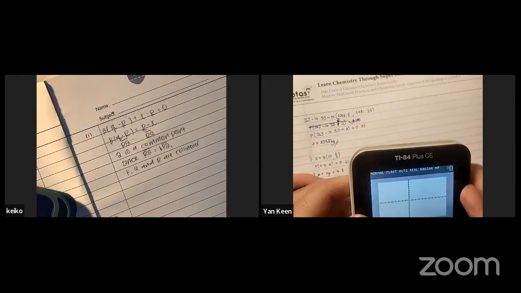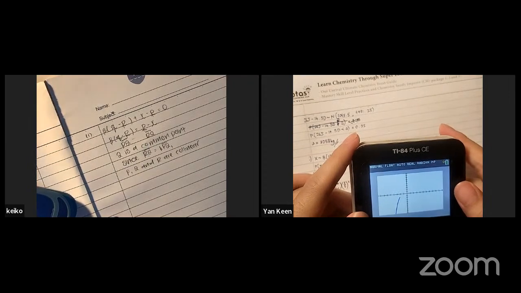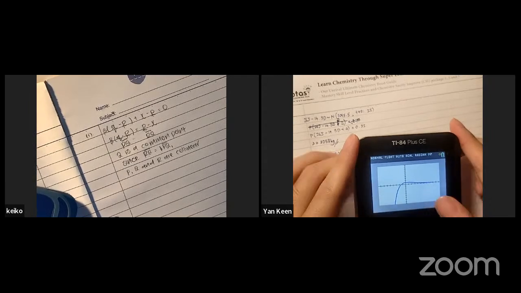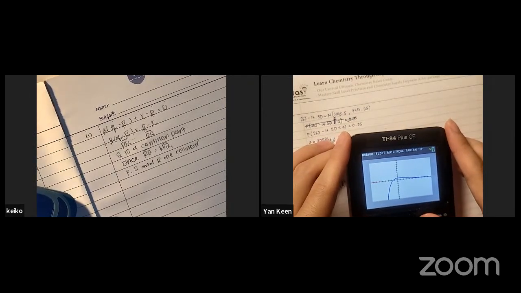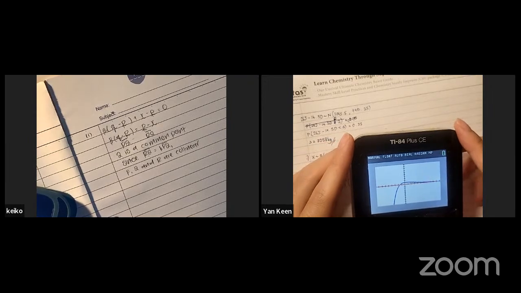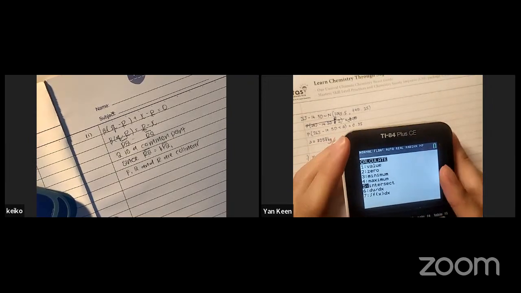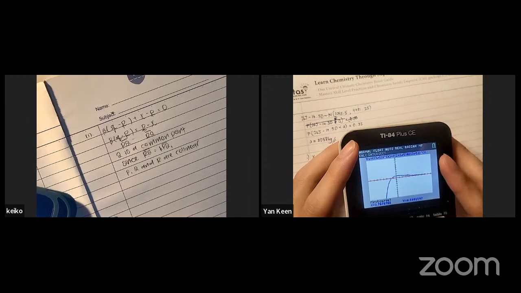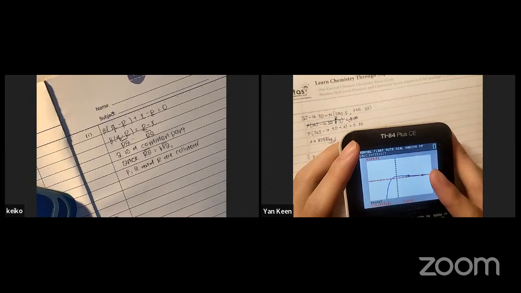All right, got it. So the ratio method. Looking good.